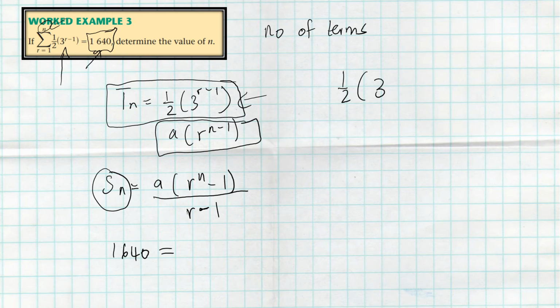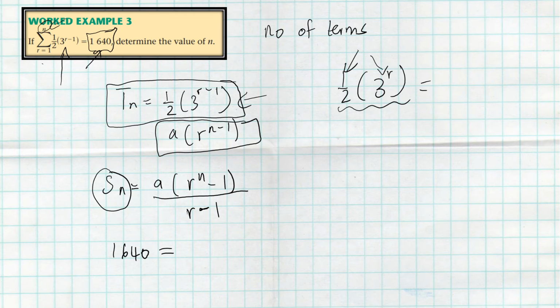Let's say they've given us 1 over 2 into 3 exponent r. So our a wouldn't be 1 over 2, because this is not the general standard formula that we know for a geometric sequence. So what you do in this case, you check the starting point, r equals 1, you substitute that value there, then you'll get the value of your first term.